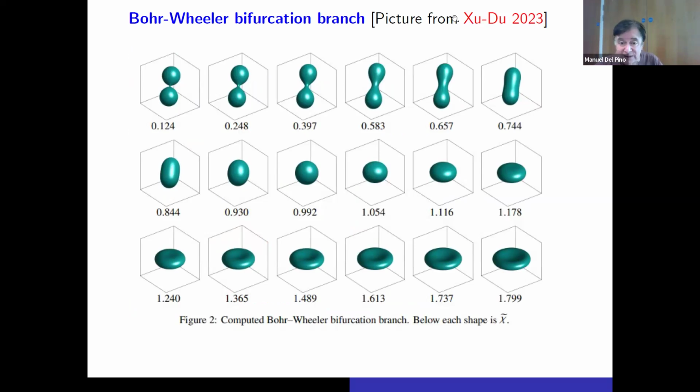This paper is numerical; please don't ask me how they produce these numerics, but this is what they observe. The number chi star, in this setting we have to think it is 1. The mass equal to 1, then you will see a perfect ball in the bifurcation branch.